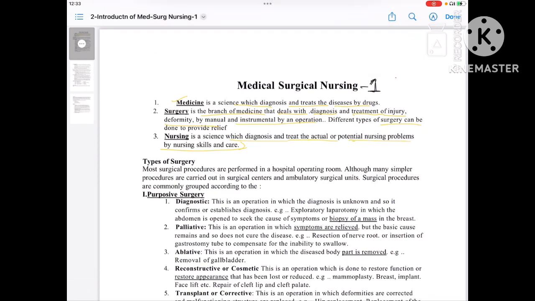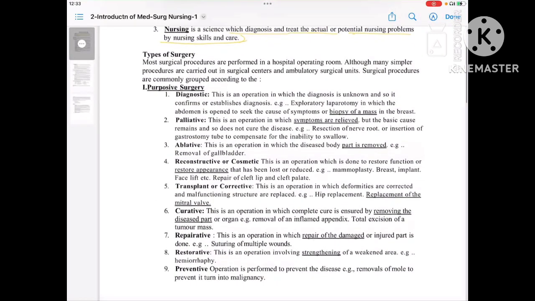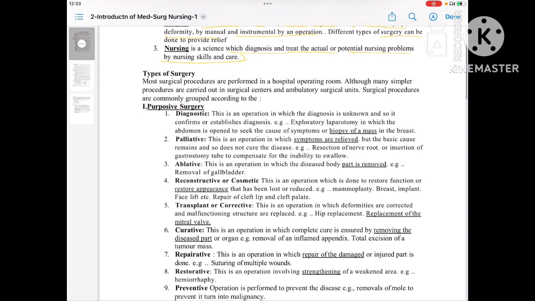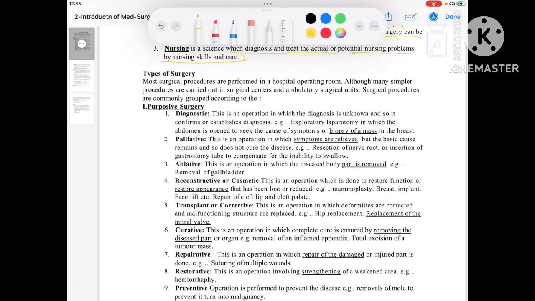Let's move to the types of surgery. Most surgical procedures are performed in a hospital operating room, although many simpler procedures are carried out in surgical centers and ambulatory surgical units.